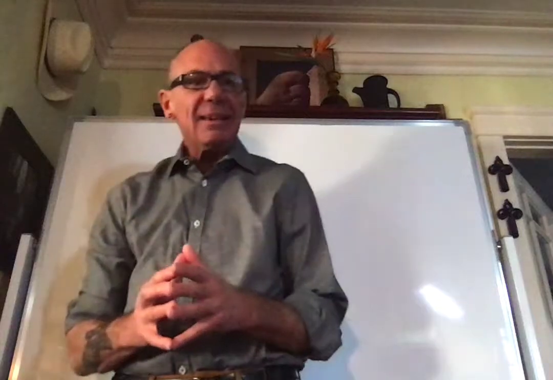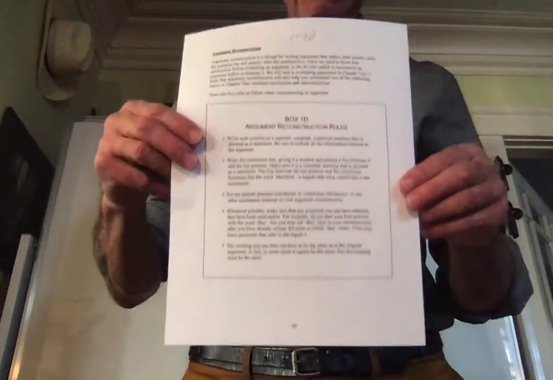But argument reconstruction is also going to help us with the rest of the topics that we cover in Chapter 1 that have to do with identifying the parts of arguments, that is, their premises and their conclusions. You have a box in your book labeled Box 1D, which is Argument Reconstruction Rules.